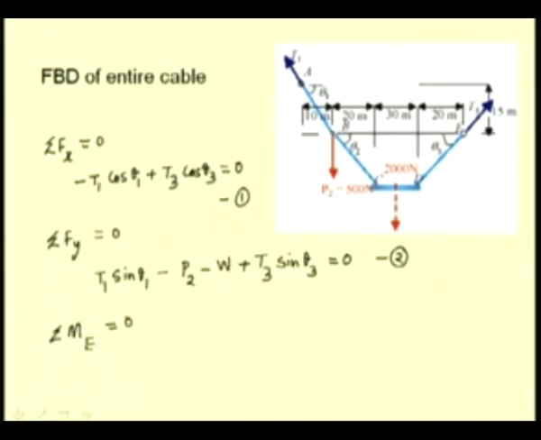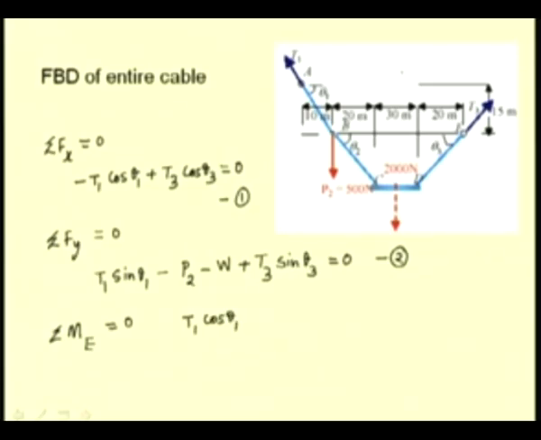So, we have the moment of this force T1, the horizontal and vertical components of this force have moments about E. So, let us consider the horizontal component first, which is T1 cos theta 1.